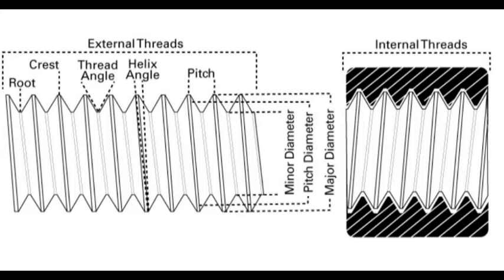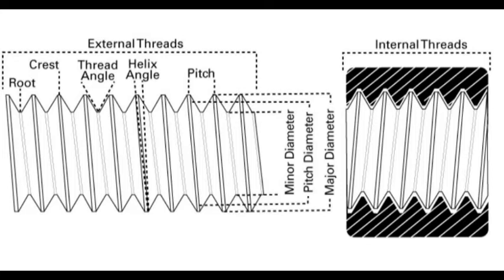Here, roots of external thread or crests of an internal thread. Okay, so reverse. Major diameter is also called the external diameter, and minor diameter is also called the internal diameter.